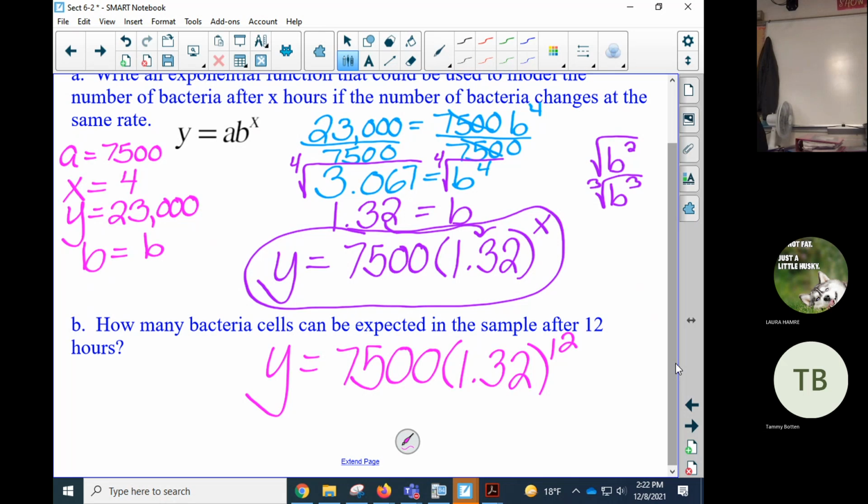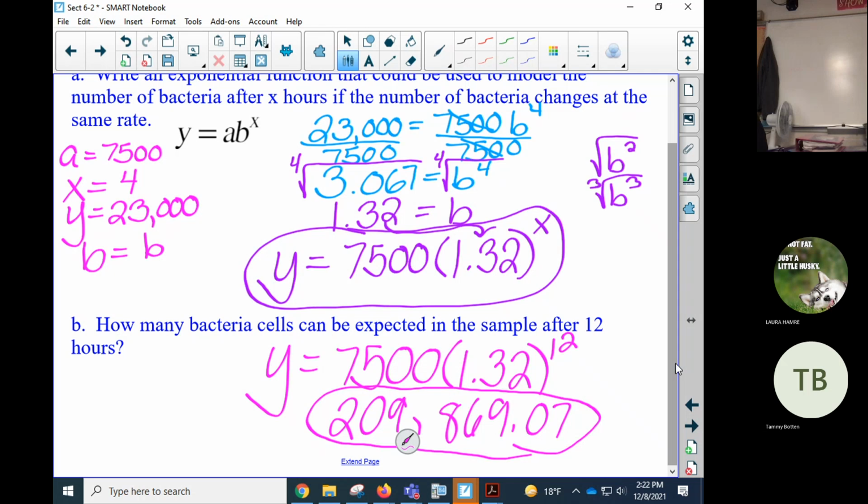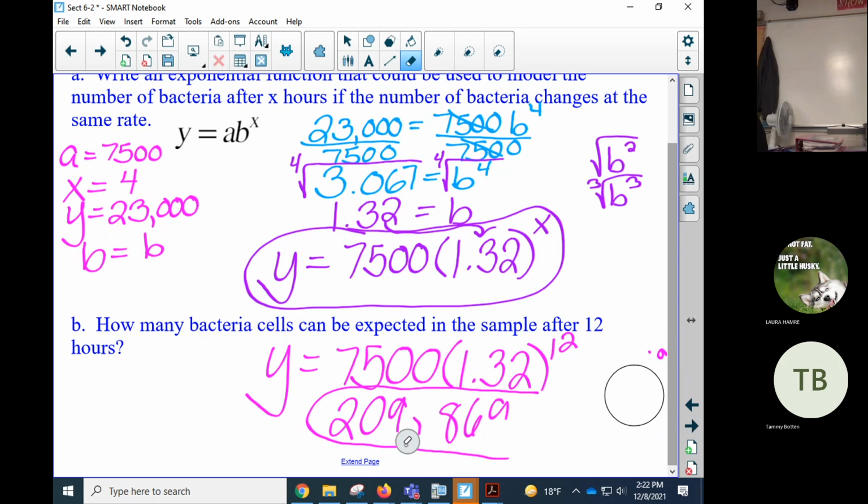So, all right, you guys got like 209,869, and I usually round to 2 decimal places. And this is bacteria. Yes, probably, yeah. Just round it at 869.